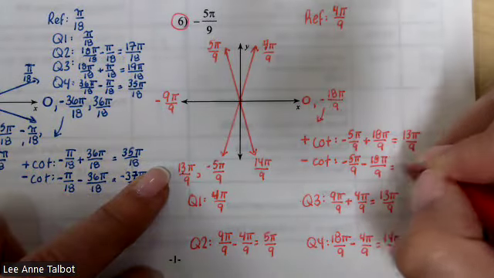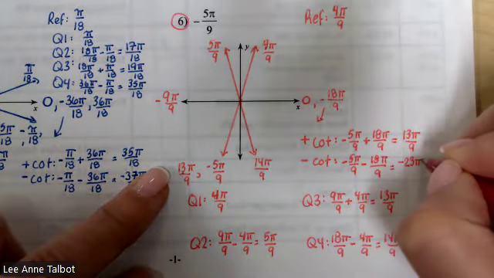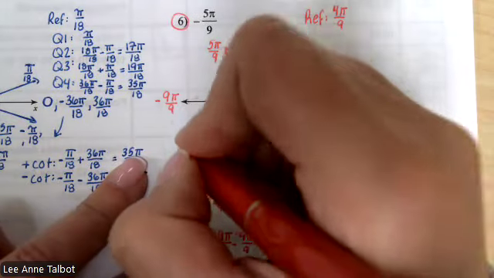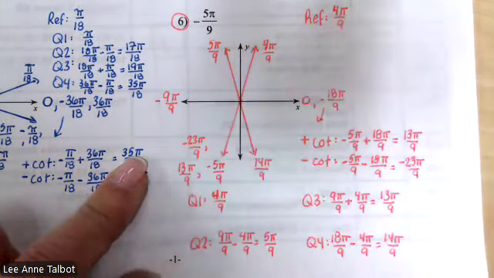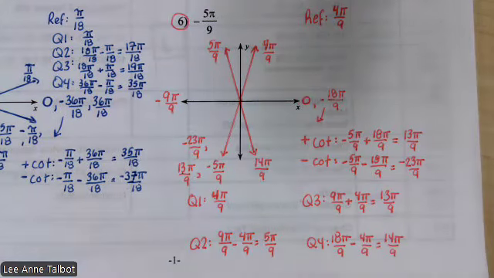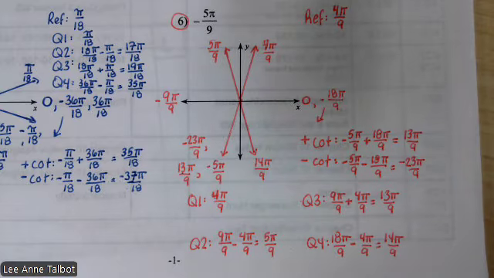And this will be negative 23 pi over 9 also, and infinite other things that I'm too lazy to find.